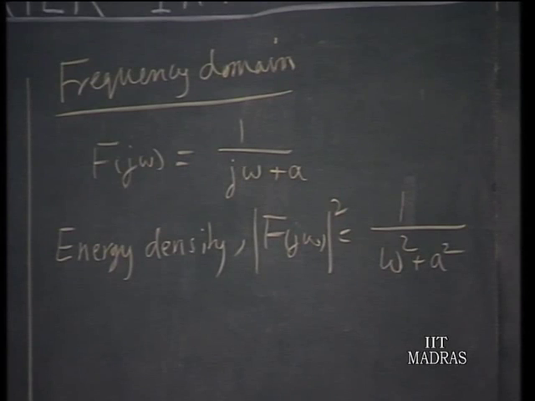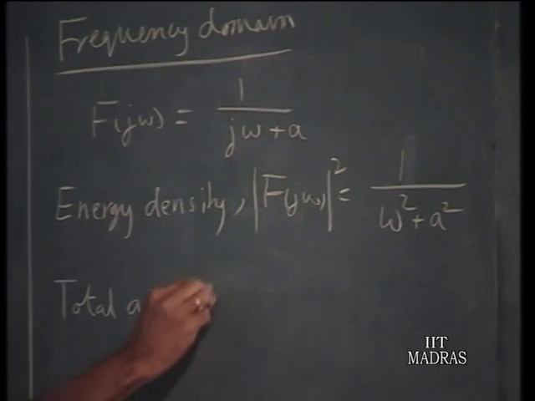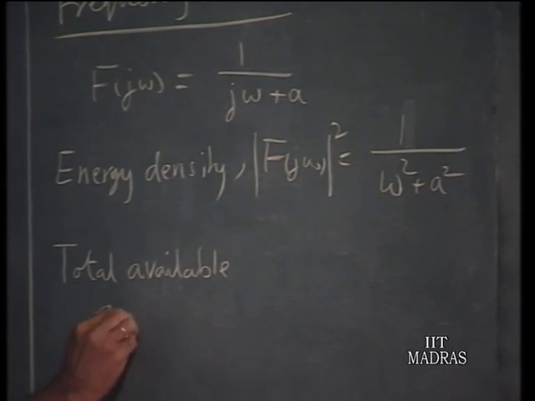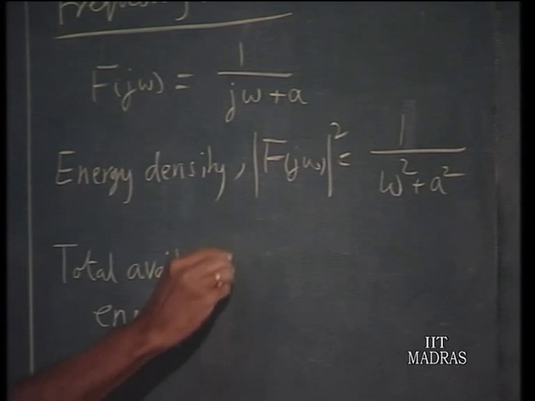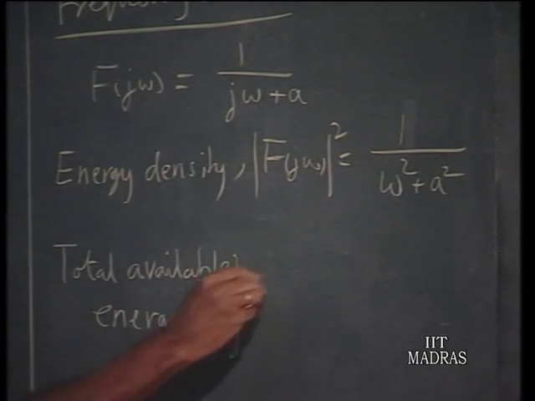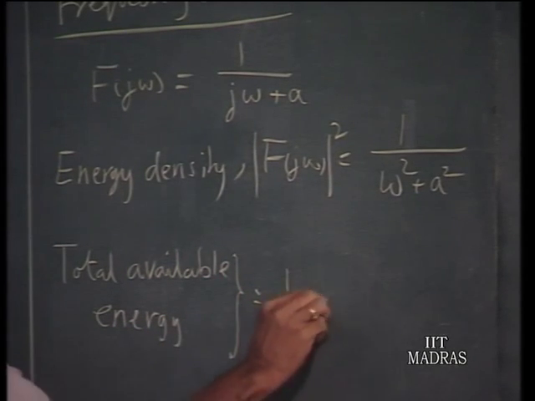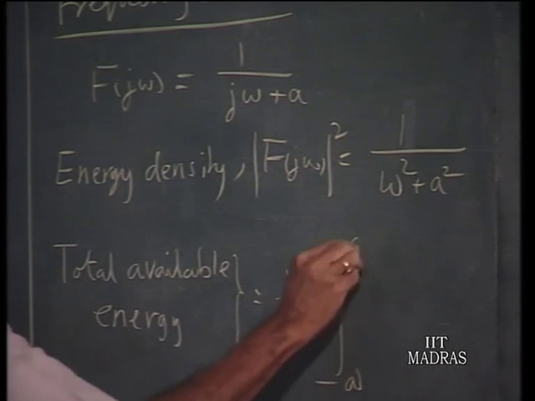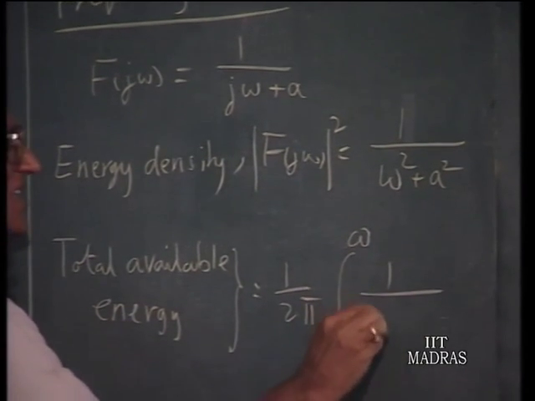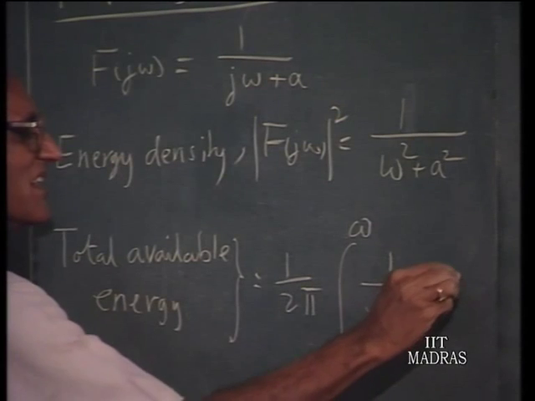So, the total energy available from the signal is 1 over 2 pi times the integral from minus infinity to plus infinity of 1 over omega squared plus a squared d omega.